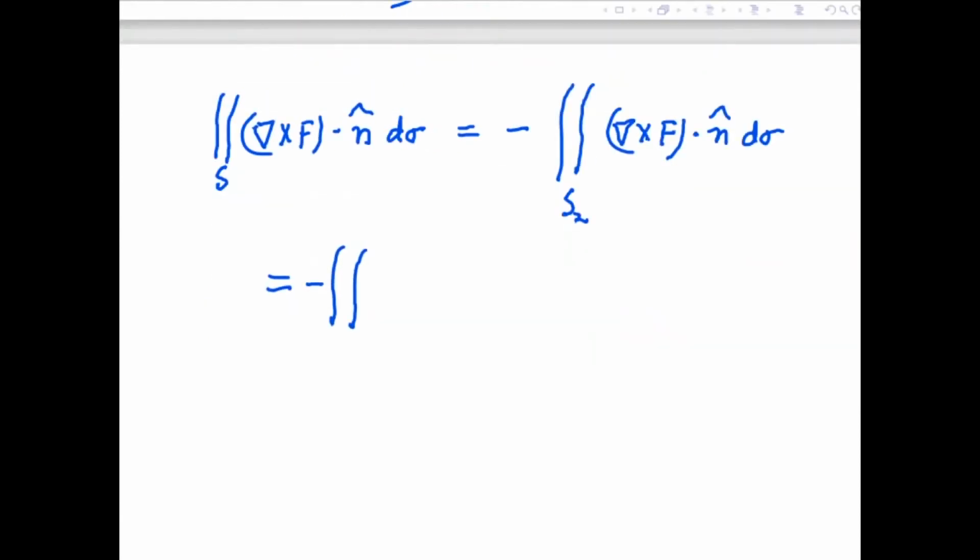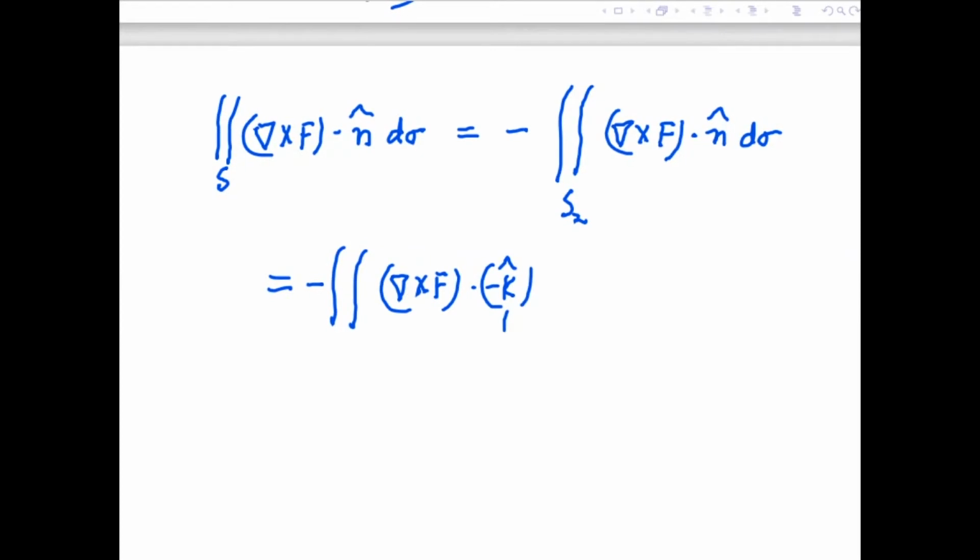So this is the same as minus del cross f. Here I am taking minus k-cap because it is outside. This is nothing but r_u cross r_v.